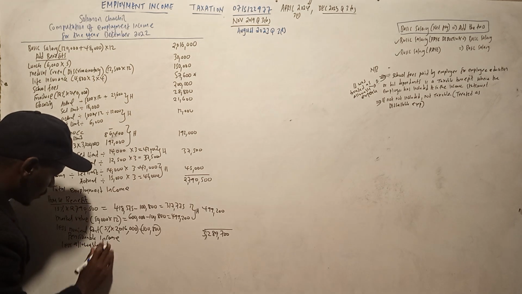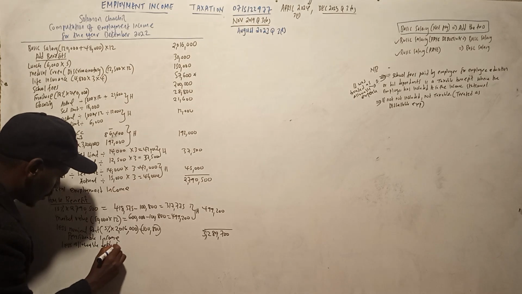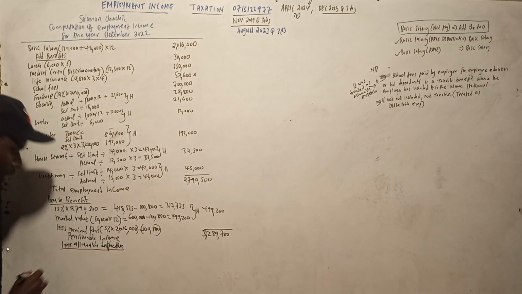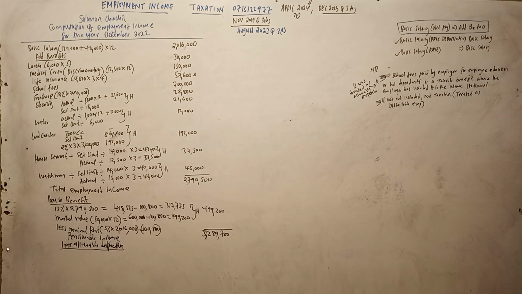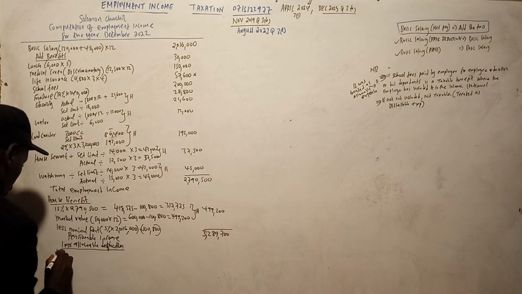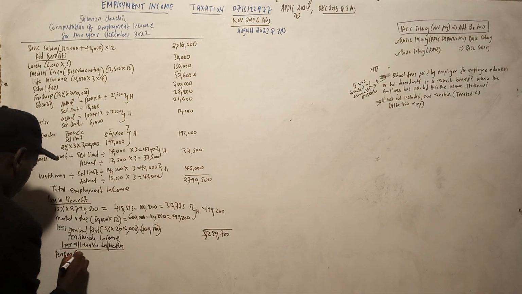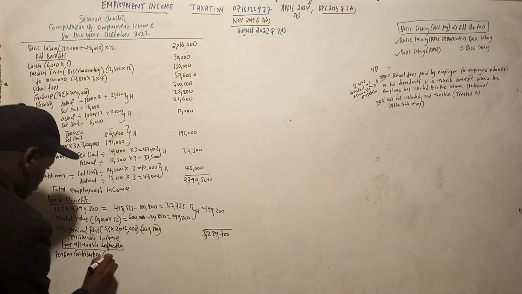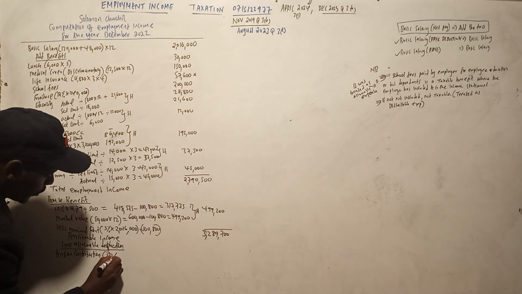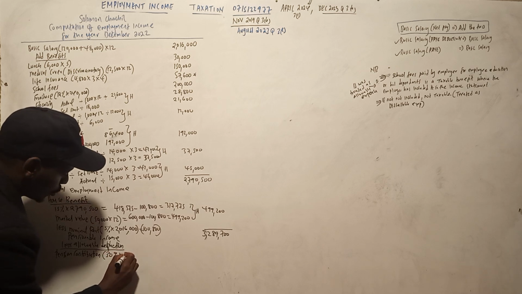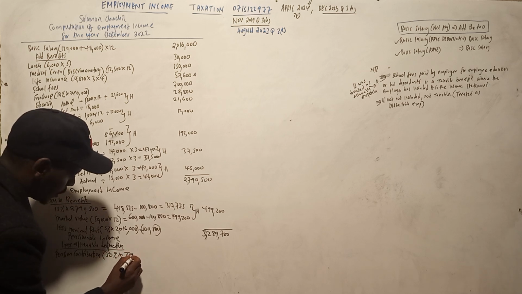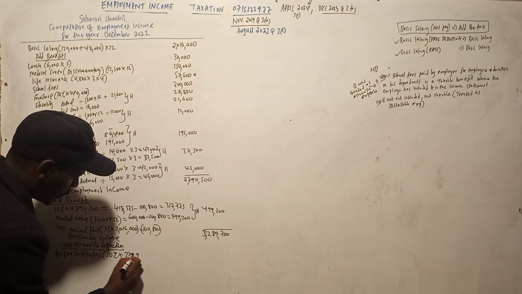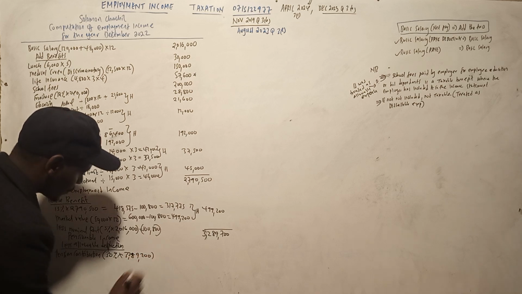Allowable deduction. The only allowable deduction that we had was just one, pension contribution. So for pension contribution, we consider 3 items. The first one is 30% of the pensionable income, 3,289,200.